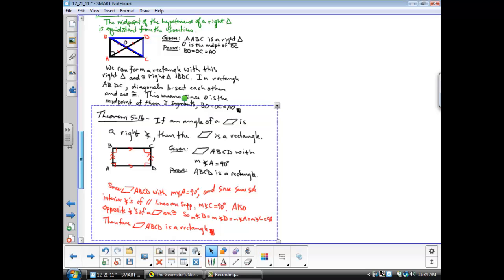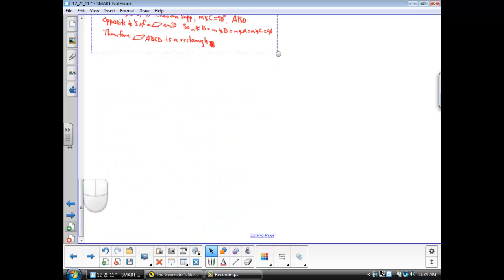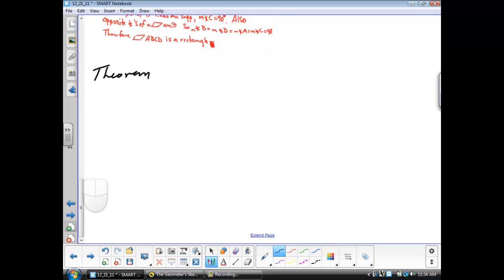Theorem 5.17 says it's enough to show that just two of the consecutive sides are equal, and then it is a rhombus. If two consecutive sides of a parallelogram are congruent, then the parallelogram is a rhombus.